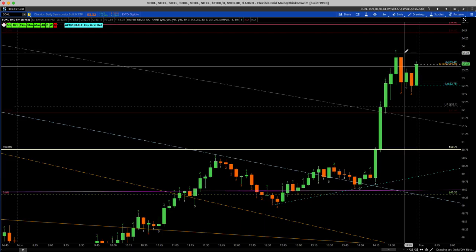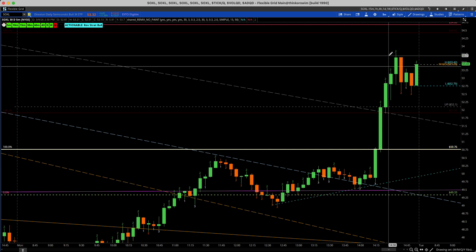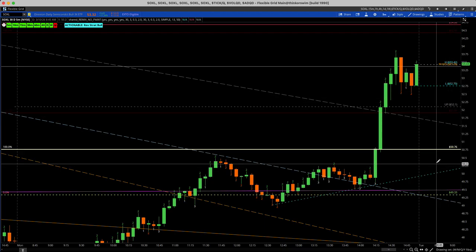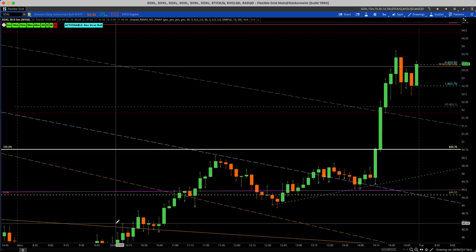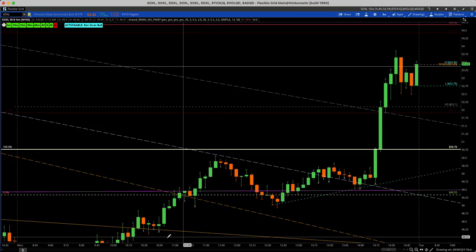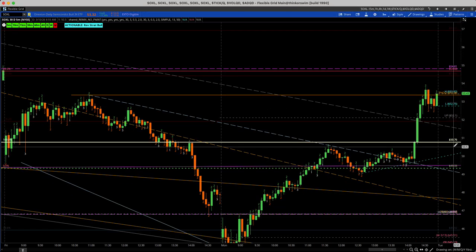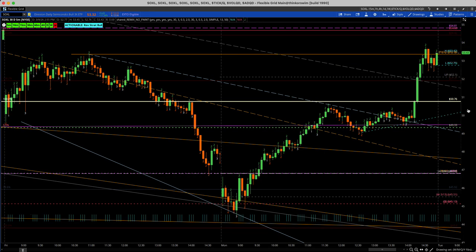We're willing to take the loss on those runners, hopefully not too big of a loss, not like some huge gap down tomorrow morning, due to the two different sets of calls that we were able to take advantage of on the way up. So that's how today looked from a zoomed in point of view.